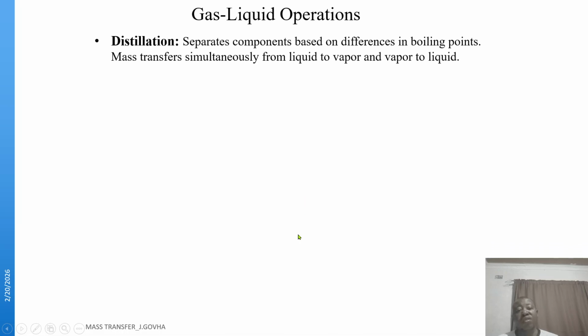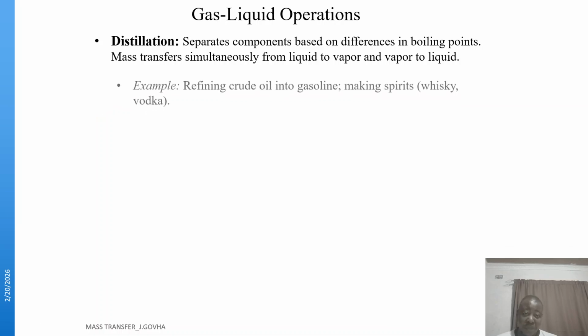So a further look at the gas liquid operations. Our distillation there is making use of a difference in boiling points, and more appropriately, as you will see later, a relative volatility being employed there.